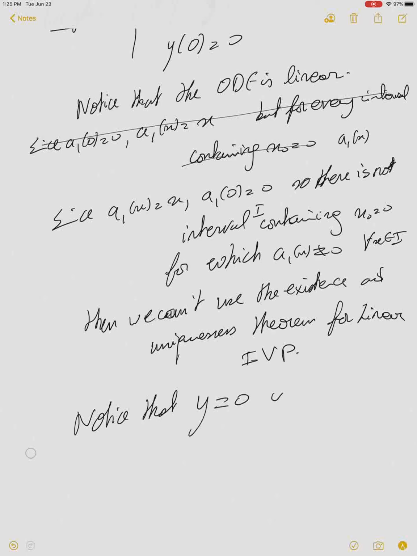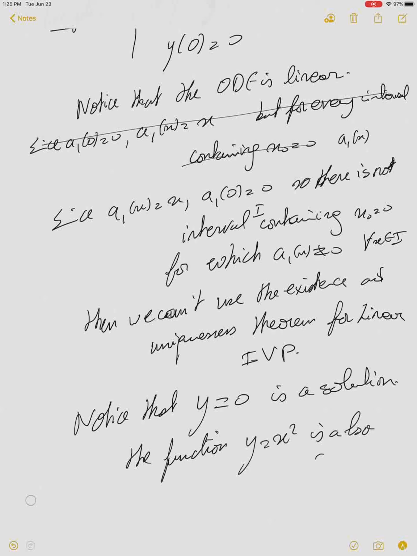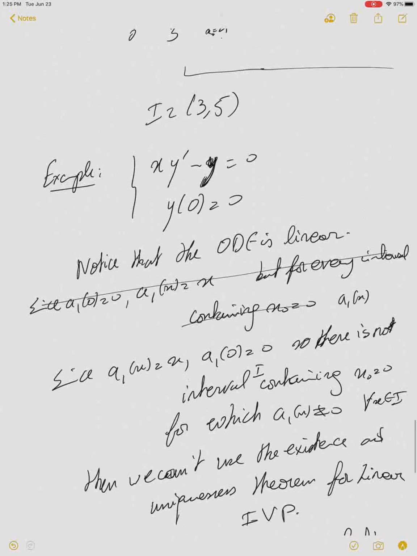However, notice that the function y equals 0 is a solution, and y equal x squared is also a solution, so these two functions are solutions. They both satisfy the initial condition, and if you replace y by 0, you get 0 here.